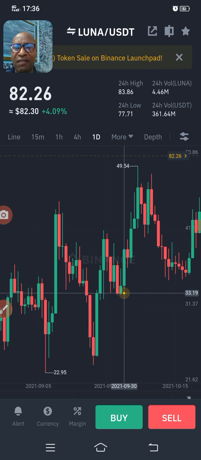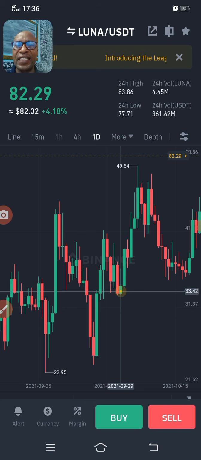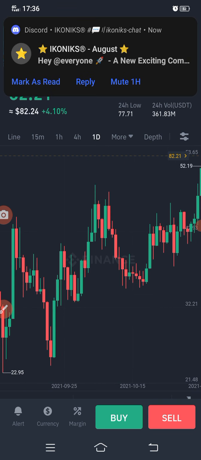The market now ranges from the external range to an internal range. We are now trading in the internal range. Price will come and test this place again, and you can place a buy order here. See what happened: price came down to this area and then went up.